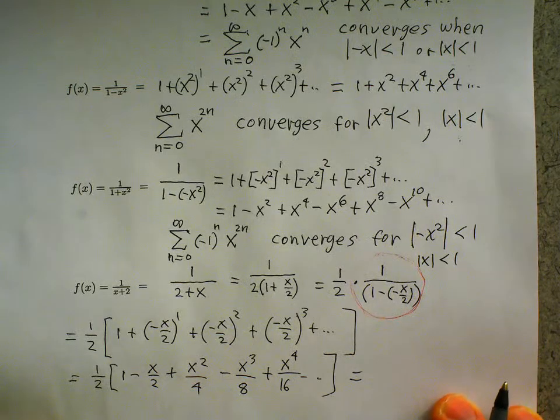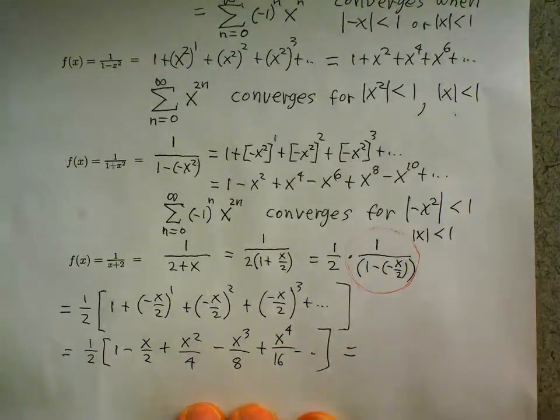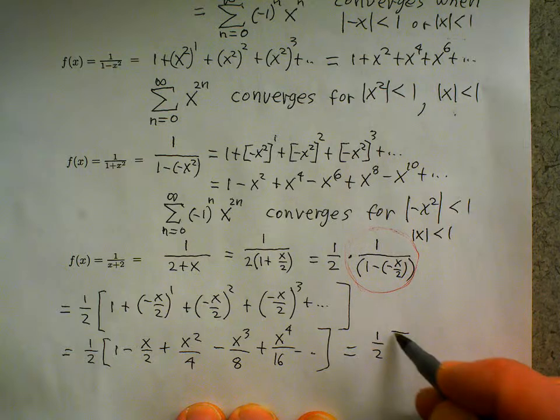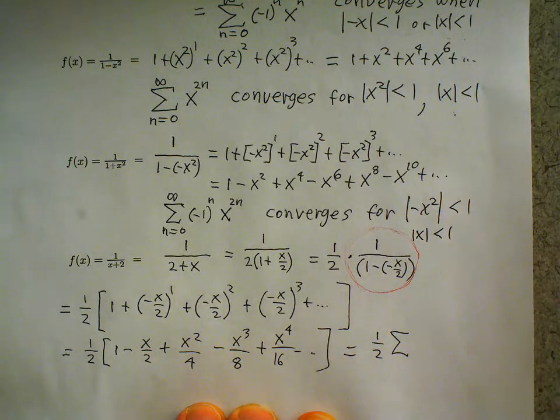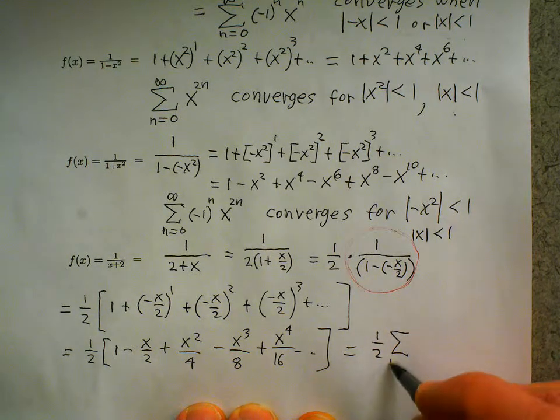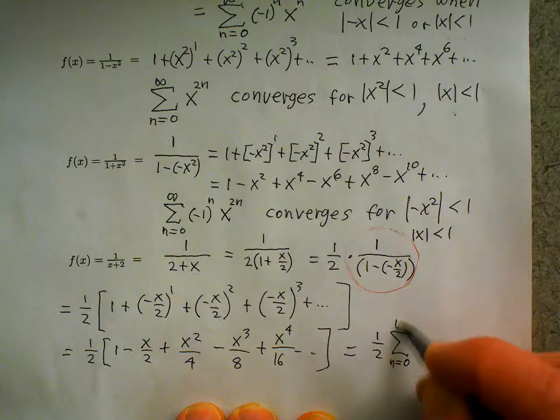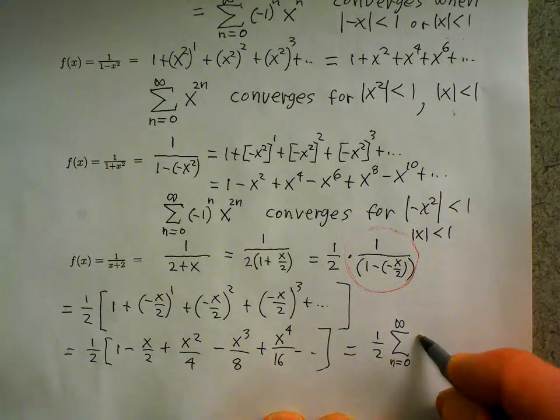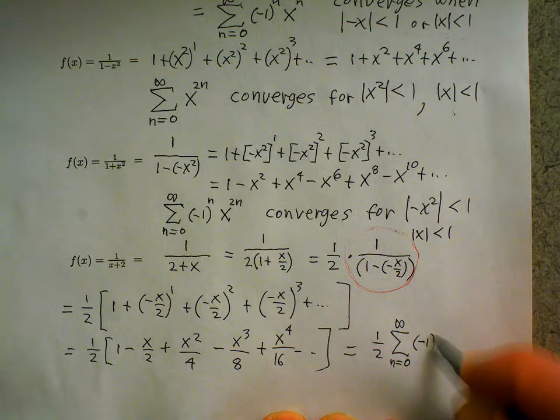And then in sigma notation, we'll put the factor 1/2 on the outside of the summation. So this will be from n equals 0 to infinity. It's an alternating series. So -1 to the n.